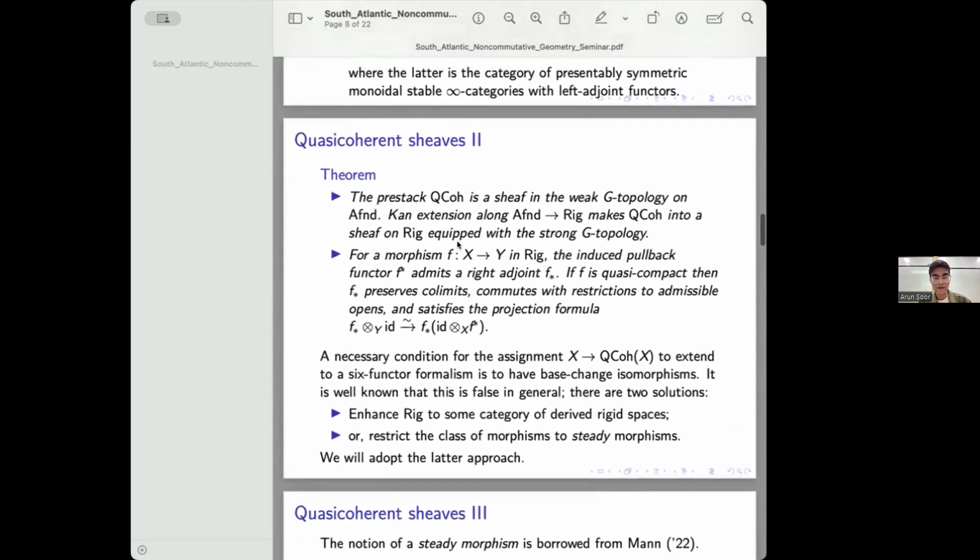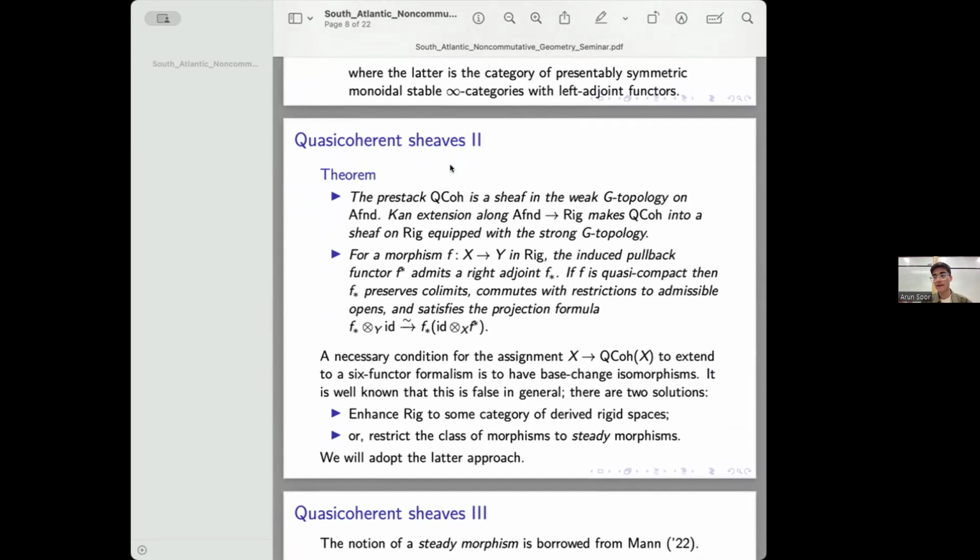Okay, so what is the point of this? This pre-stack QCO, a priori it's just a pre-stack, but the category of affinoid algebras has a Grothendieck topology on it, which is called the weak G topology. And this pre-stack satisfies descent with respect to this weak G topology. So in other words, it's a sheaf in the weak G topology.